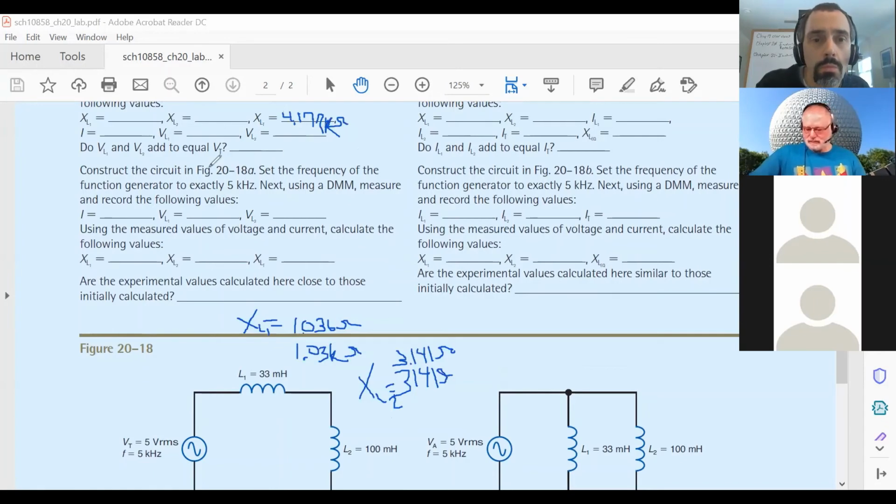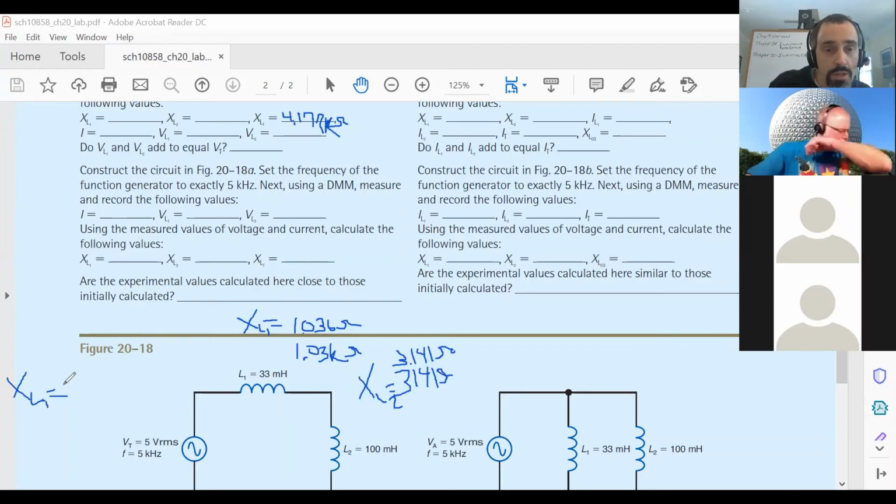Okay. All right. Since we have all these, XL total is 4177 ohms.